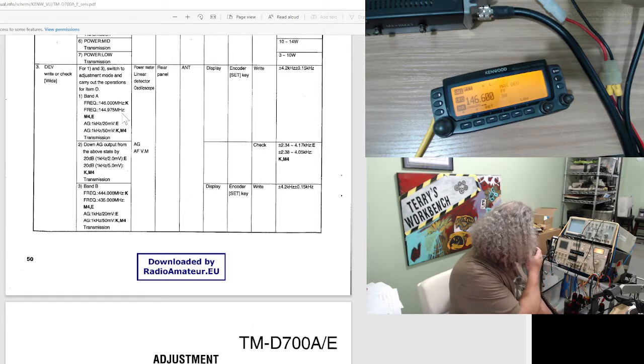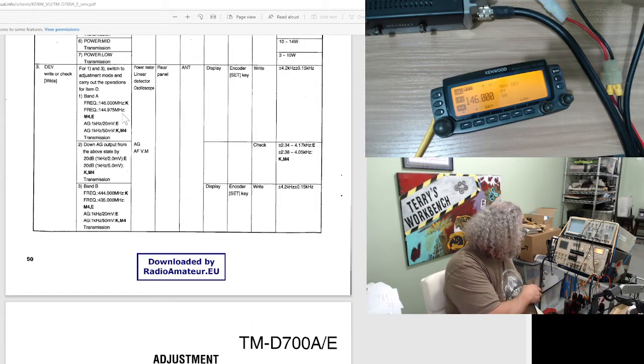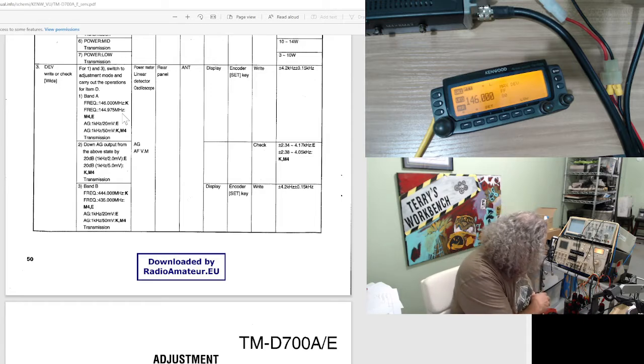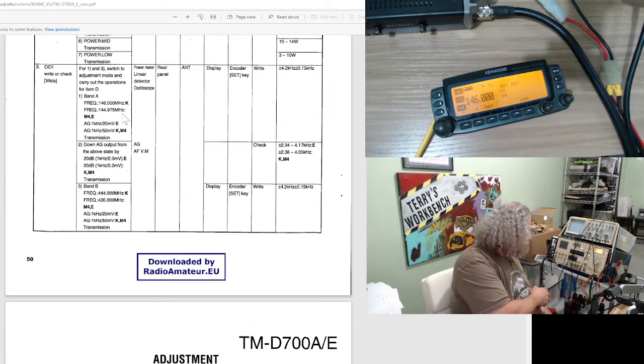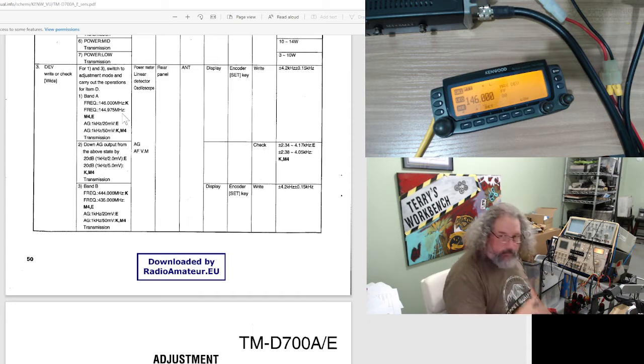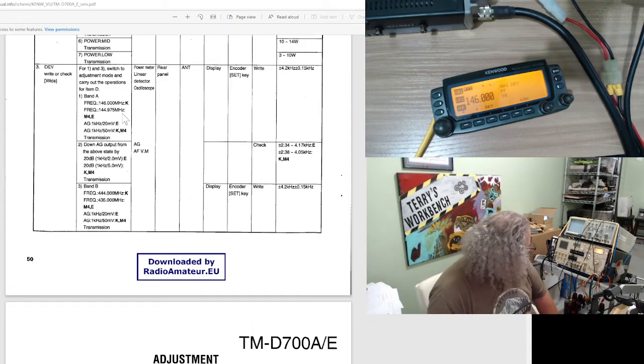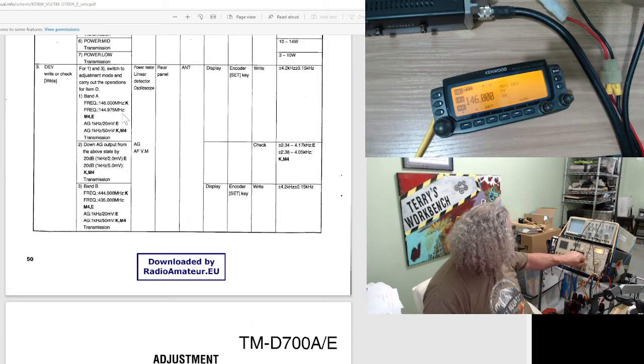For some reason, my FM... Test, test, test. 1, 2, 1, 2. And yeah, okay, so I got a problem. Test, test, test. I believe I have a problem with my monitor.